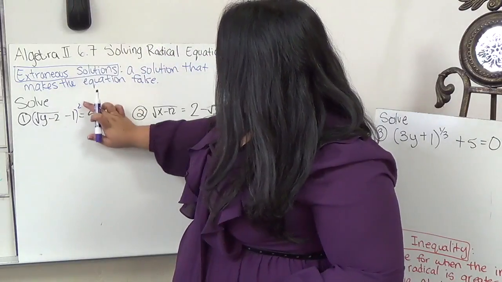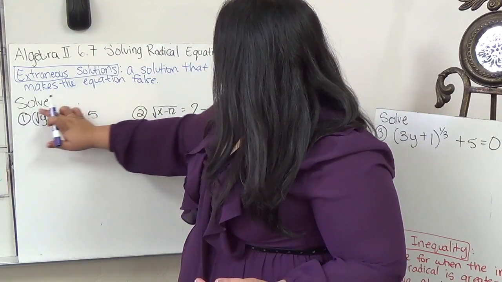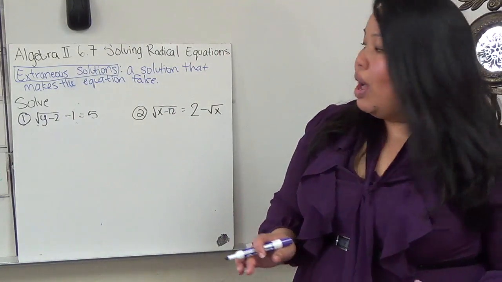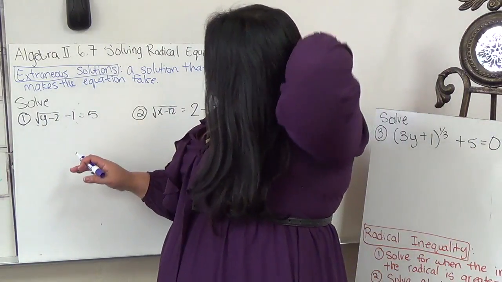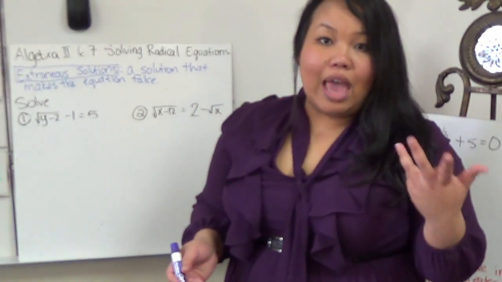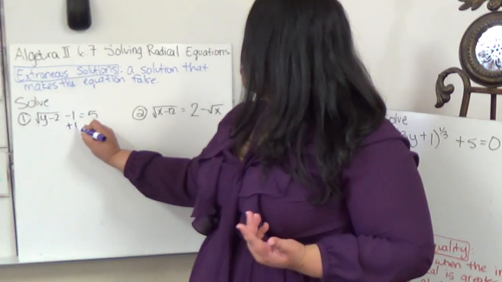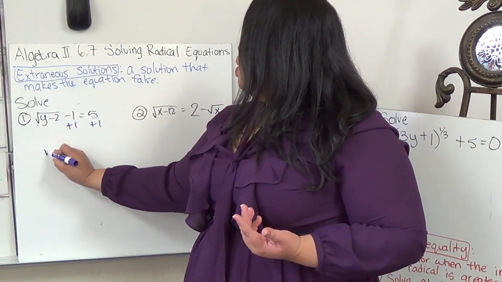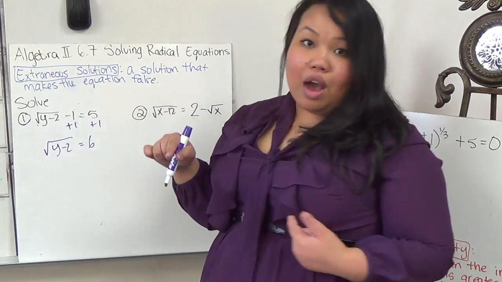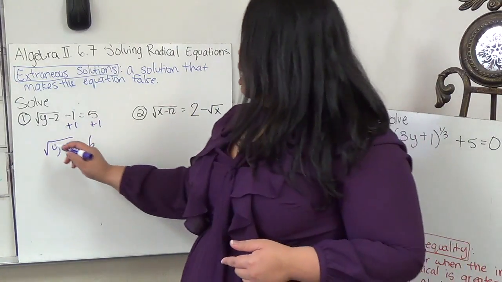So, not that I couldn't do that, but to make my life easier, I'm going to first isolate the radical. So I'm going to get rid of the negative 1 so that the square root is by itself. And I do that by the opposite, which is to add 1 to both sides. I end up with the square root of y minus 2 equals 6. Now I can square both sides.